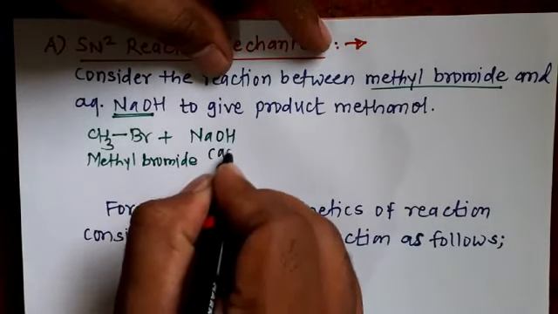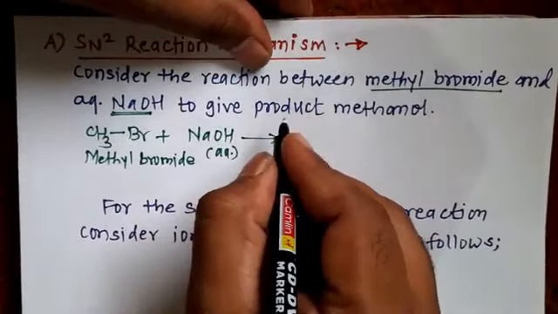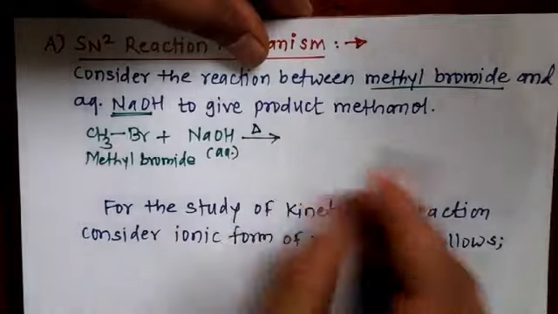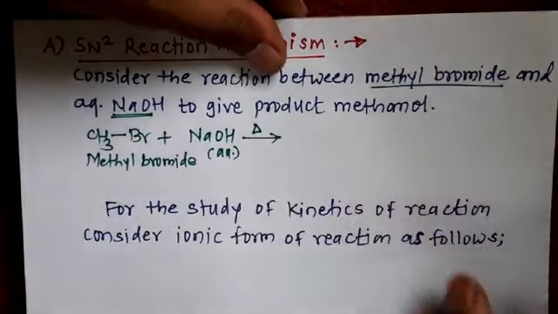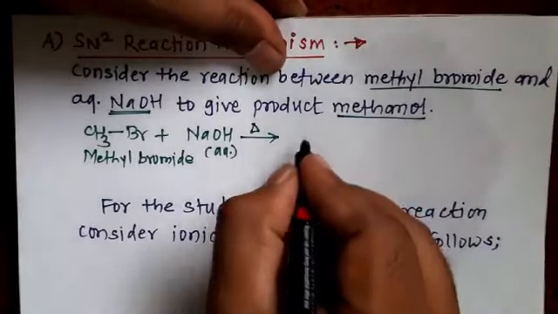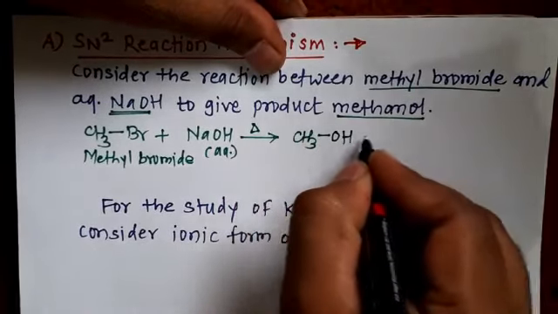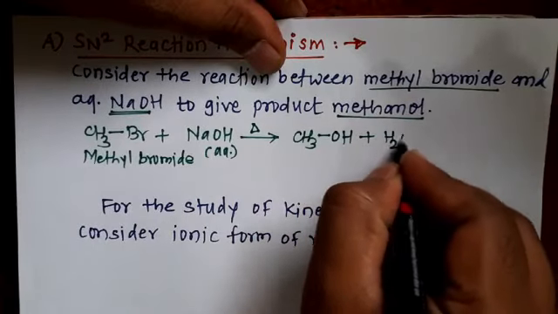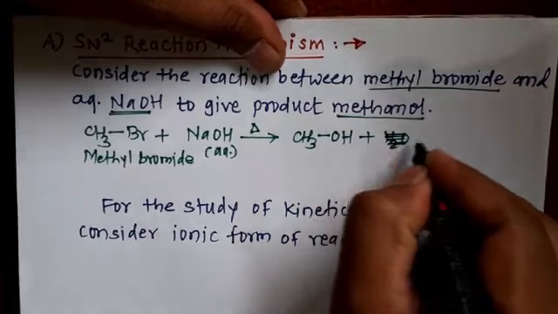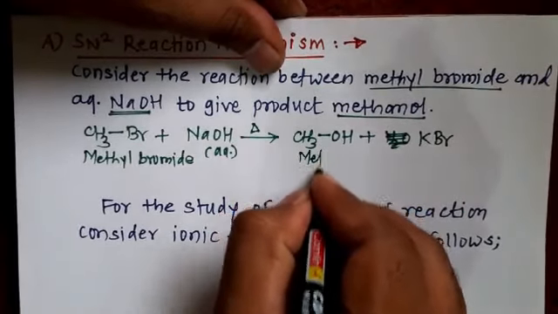When we warm the reaction mixture, it gives a product, methanol, that is CH3OH, and it forms KBr as a byproduct.